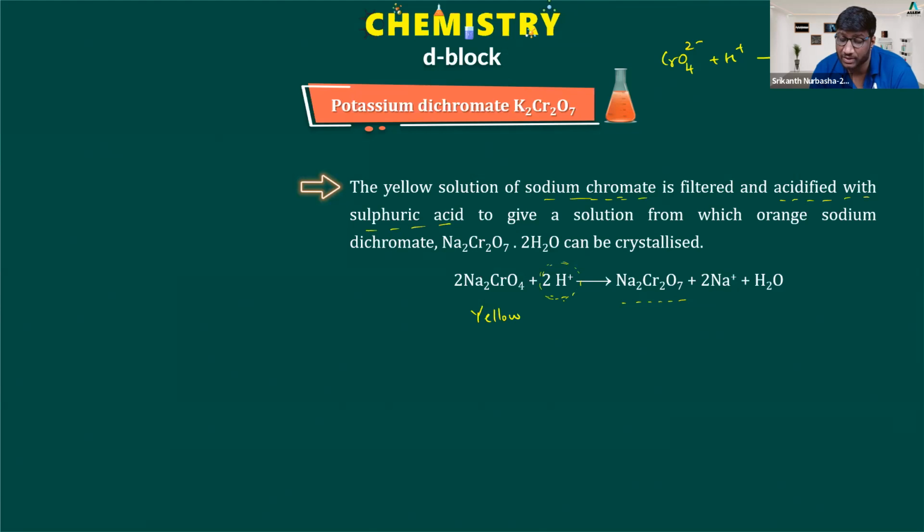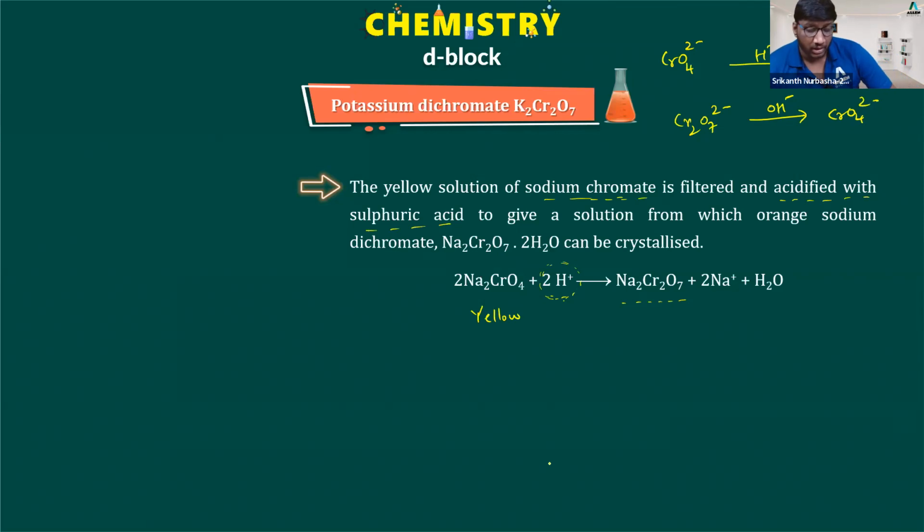If you do the reverse, like if you add a basic medium, then the reverse can also happen. Cr2O7 2 minus can convert to CrO4 2 minus in the presence of OH minus. The chromates and dichromates are interconvertible if you change the pH of the solution. Write down this point, students.